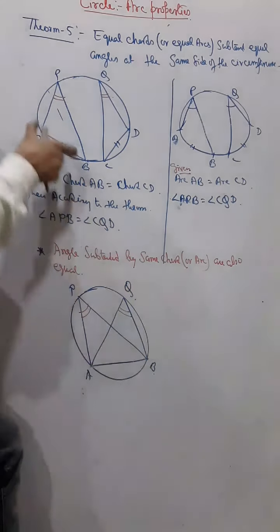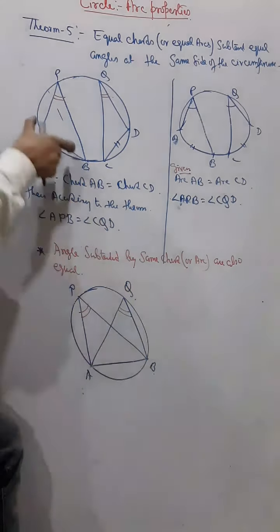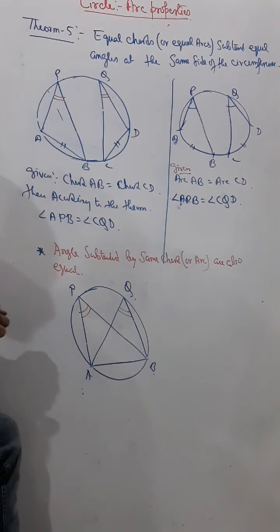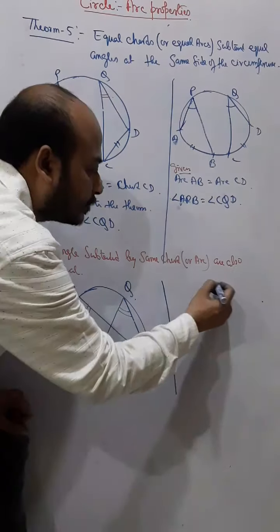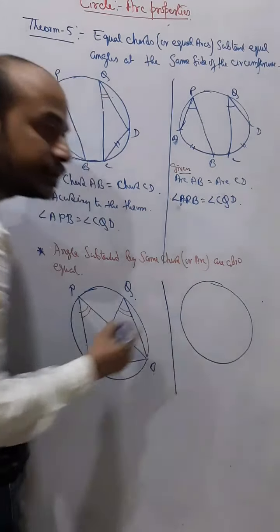Now same chord and equal chord, they are similar, same thing. The extent of this size is same. So here also the extent of this angle size and this angle size will be same. Understand? Similarly, if it is same arc also, then also you can understand same.